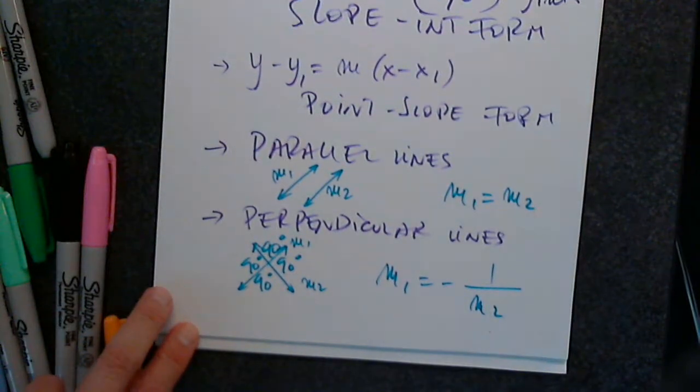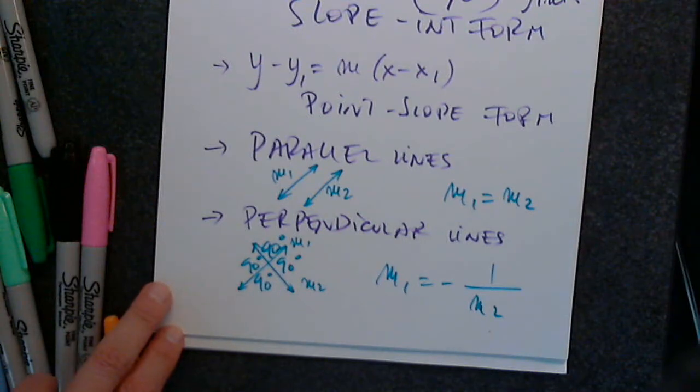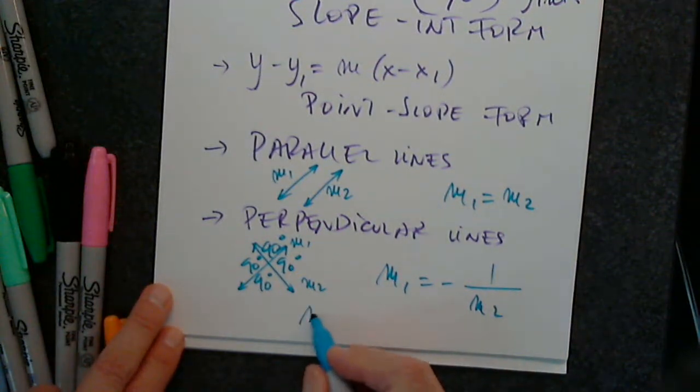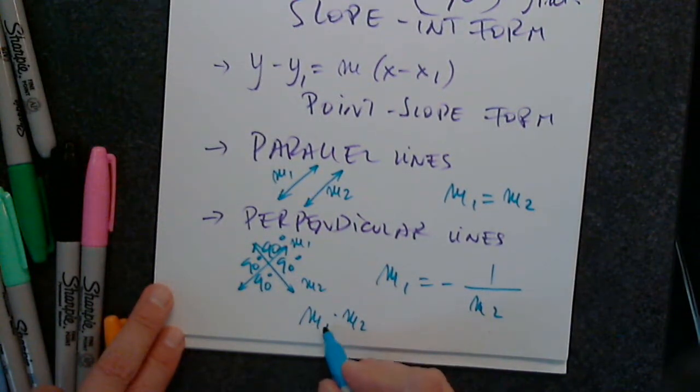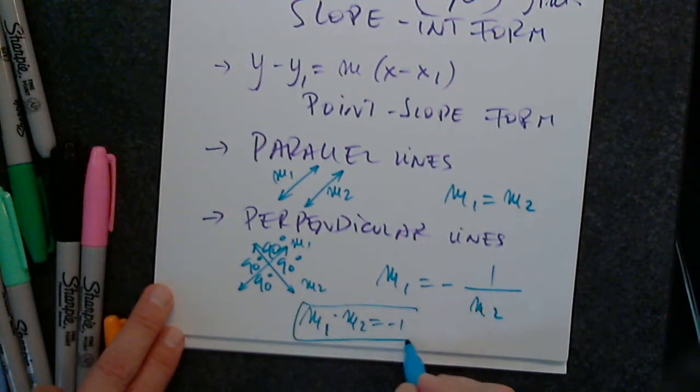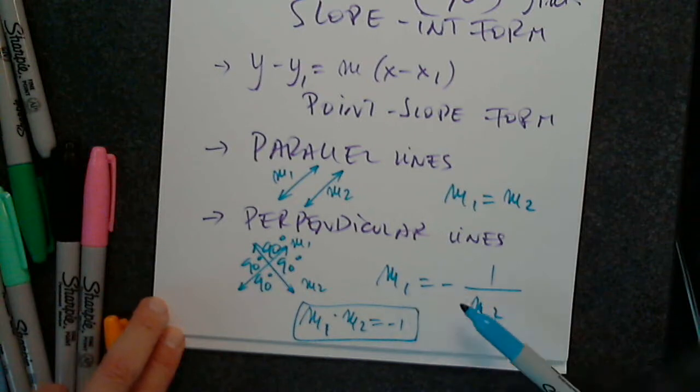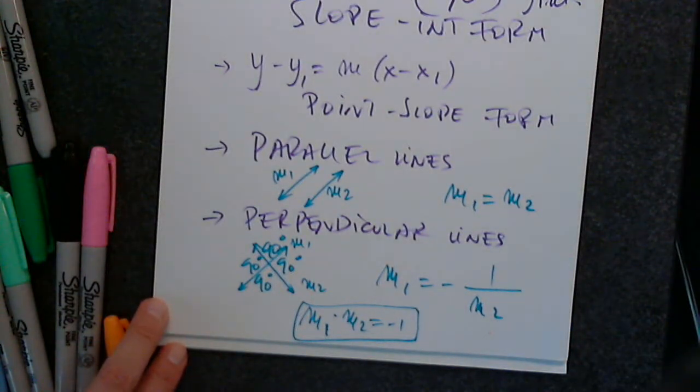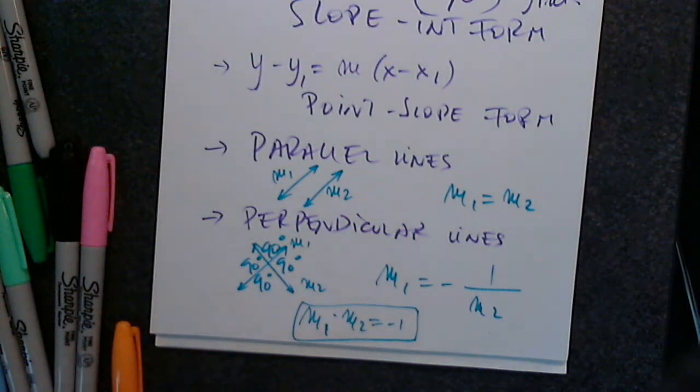This is the relationship with two lines that are perpendicular. I prefer cross-multiplying and saying that the product of the slopes is -1. These are the same. You either say that one slope is the negative multiplicative inverse of the other, which will take you 5 seconds to say, or you say in a second and a half, the product is -1. Same thing. Okay, we're ready to practice now.